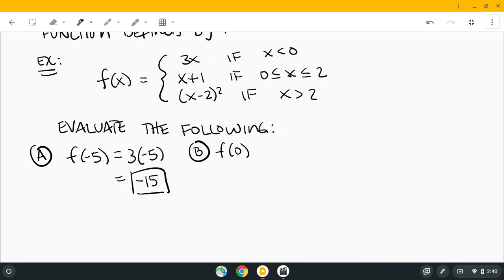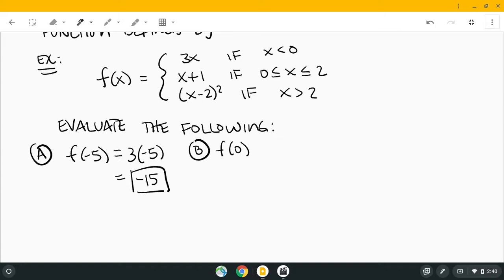But x equals 0, is that somewhere between 0 and 2 inclusive? Yes. So this is going to be the function that you use to evaluate 0. We're using that middle one, so it's going to be 0 plus 1. 0 plus 1 is 1.